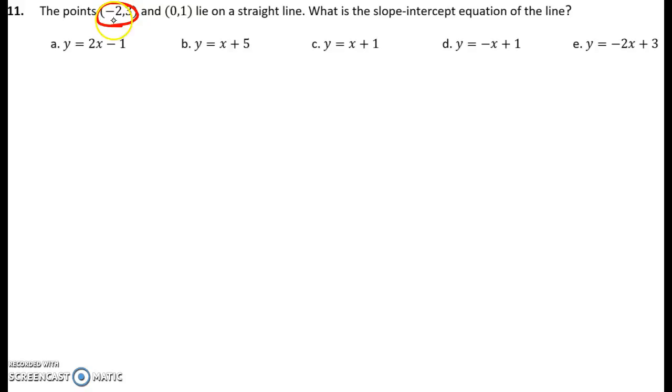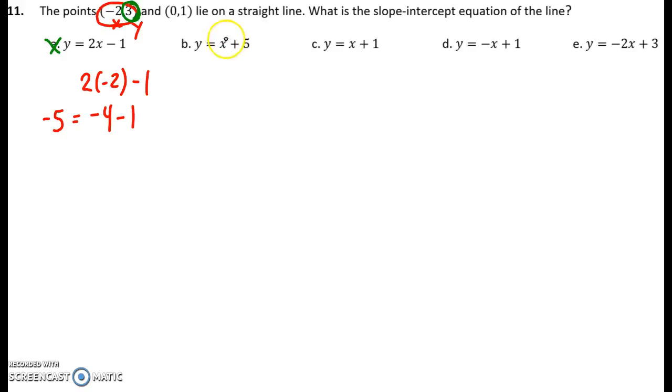Remember, your first value is an x value. Your second value is a y value. So if I plug in negative 2 here, 2 times negative 2 minus 1. 2 times negative 2 is negative 4. Negative 4 minus 1 is equal to negative 5. Not what you are looking for for your y value. So A can be crossed off.